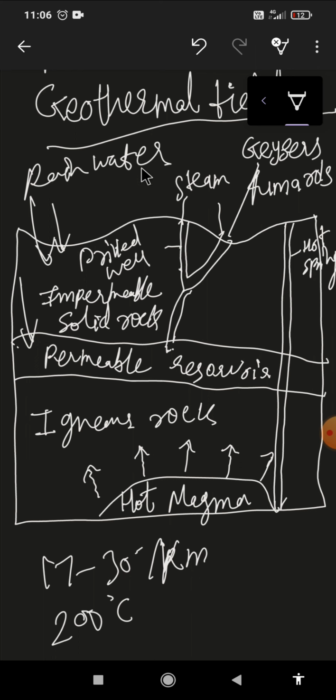A drilled well takes steam from the fissures for use in a geothermal power plant. So the energy available below the impermeable solid rock can be extracted by means of production wells drilled through the impermeable solid rock. So this is the concept of the geothermal field.